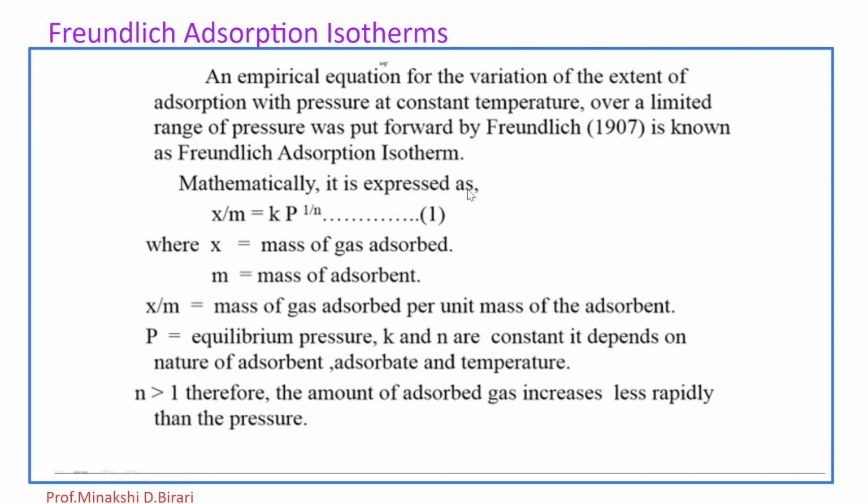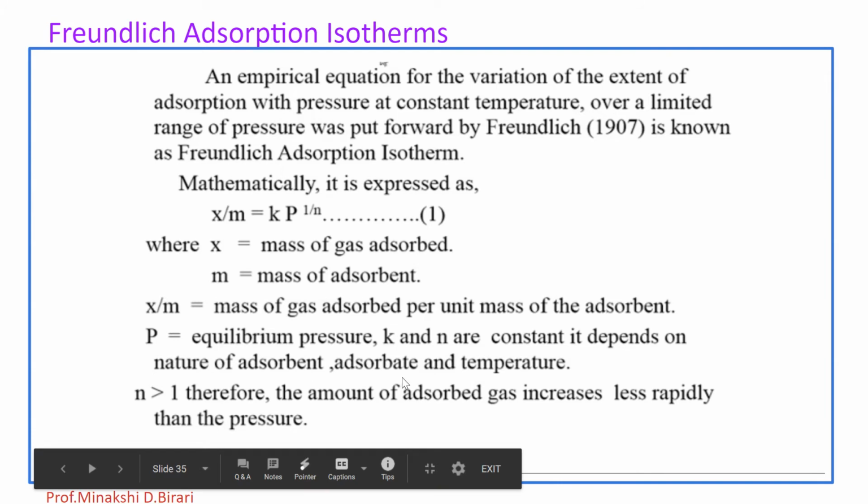Mathematically, it is expressed as x/m = k p^(1/n), where x is the mass of gas adsorbed, m is the mass of adsorbent, x/m is the mass of gas adsorbed per unit mass of the adsorbent, p is the equilibrium pressure, and k and n are constants that depend on the nature of adsorbent, adsorbate and temperature.